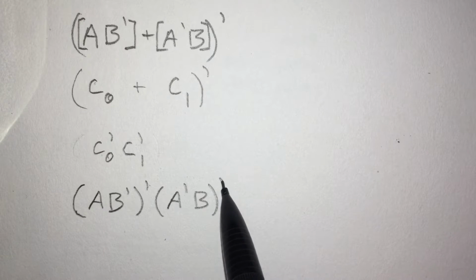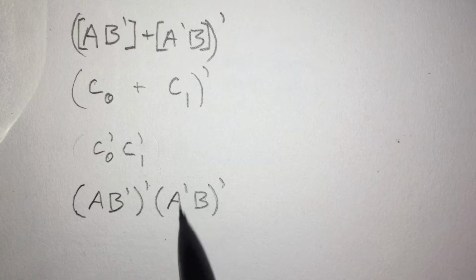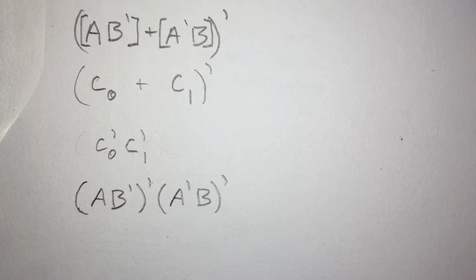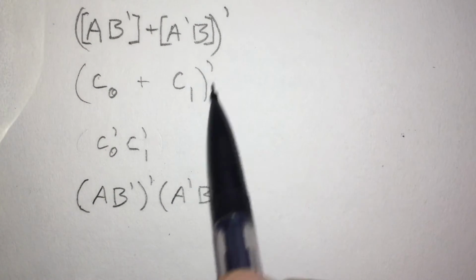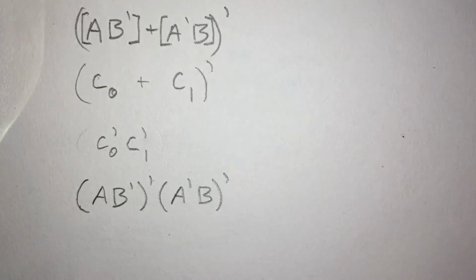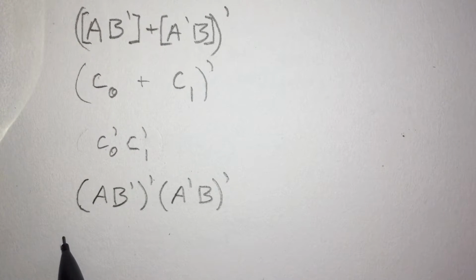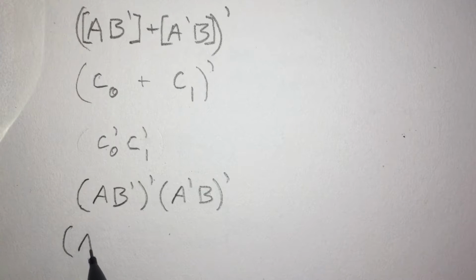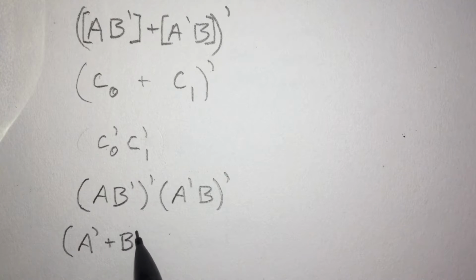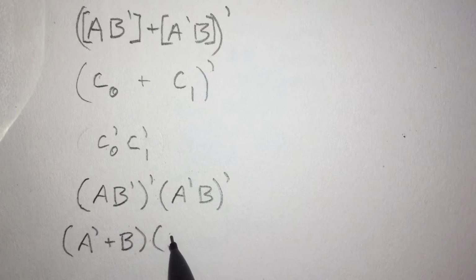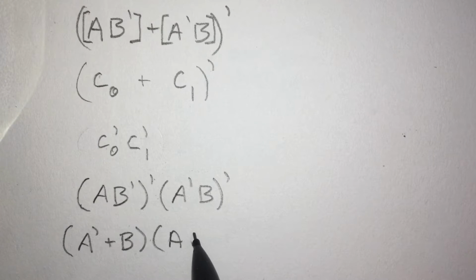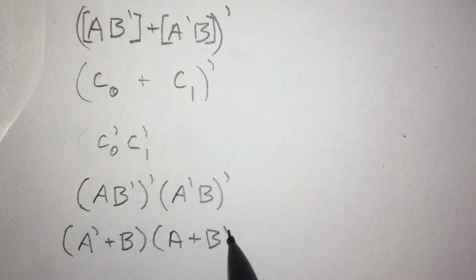We can distribute this negation throughout this term. And there are no higher orders of negation because we took care of that in this step. So we can dive straight in and say A not or B and, because again, no higher order of negation, so this and is preserved, A or B not.